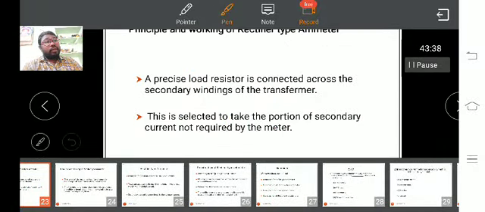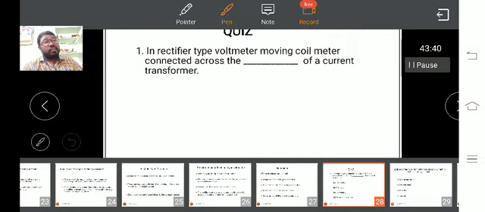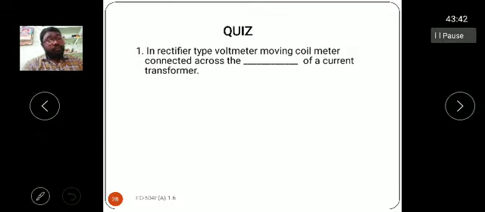Now we are going to discuss some quiz questions related to this topic. In a rectifier type voltmeter, the moving coil meter is connected across the dash of the current transformer.